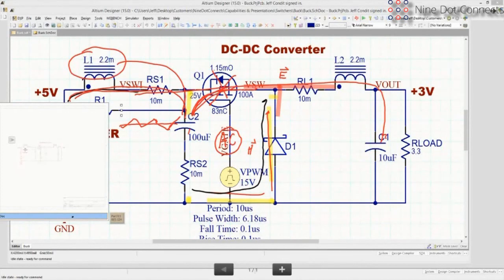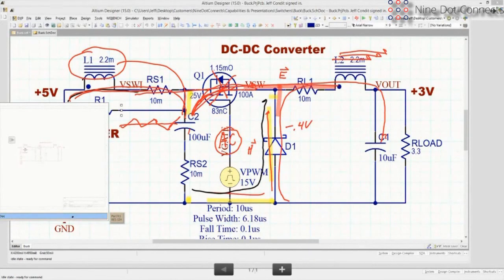Now the current that flows through Q1 is going to be interrupted. When it's interrupted, L2 is going to continue to want to draw current. Where is it going to get it from? It's going to suck it up from ground. So the top of the diode will actually go to about minus, this is a Schottky, so about minus 0.4 volts, minus 0.5 volts, something in that region.